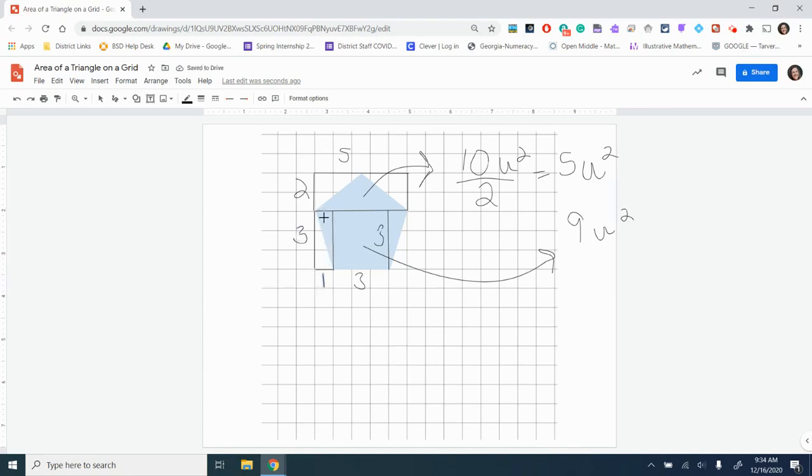But what portion of the area is covered by the triangle? Well, half of that. So we have 3 square units as the area of the rectangle, and half of that is the area of the triangle. So 3 square units divided by 2 is 1.5 square units.